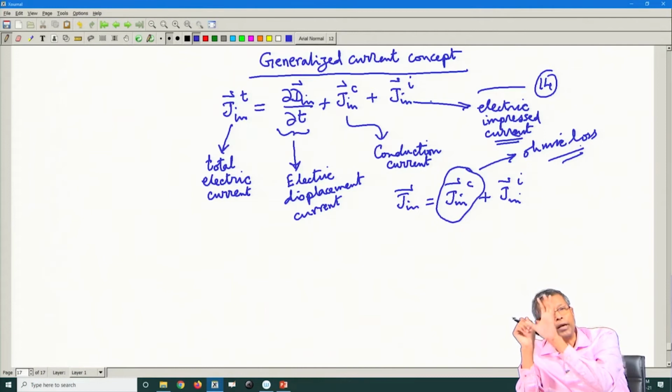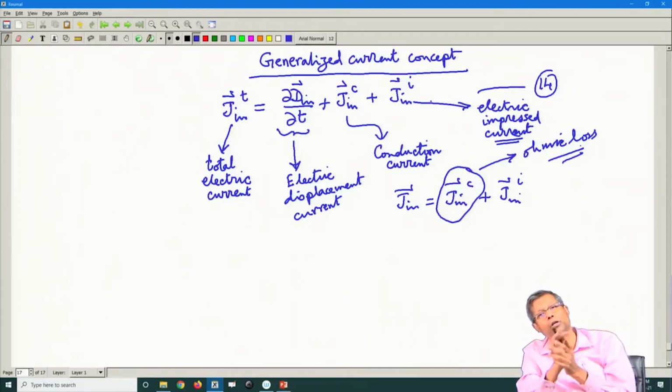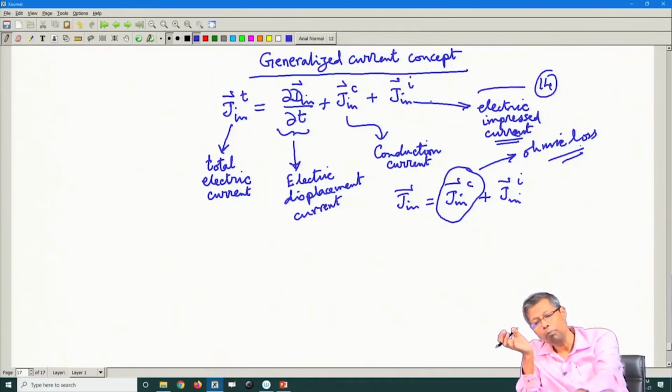We want to maximize the radiated power for the antenna and minimize this lost power, but both of them will contribute to the real part of the complex impedance, which is the resistive part of the complex impedance. So, the resistive part of the complex impedance will be contributed by both J in C and the radiated power.